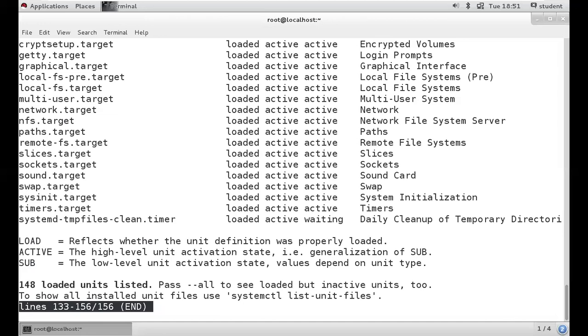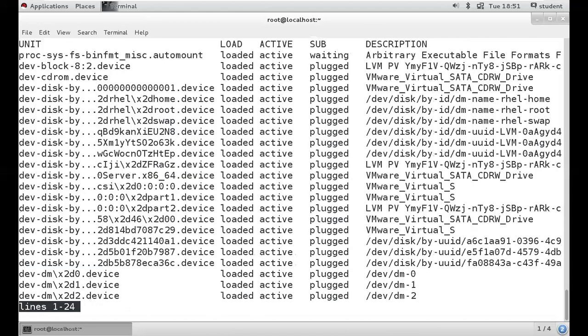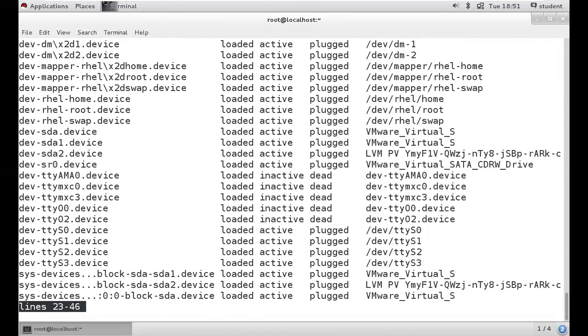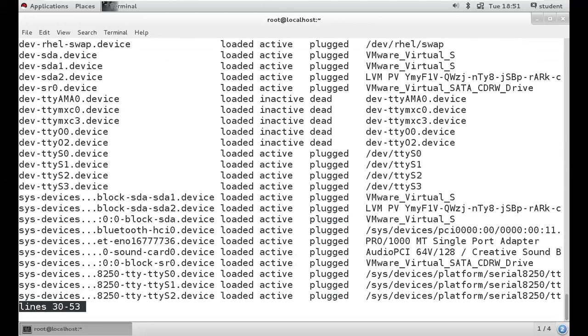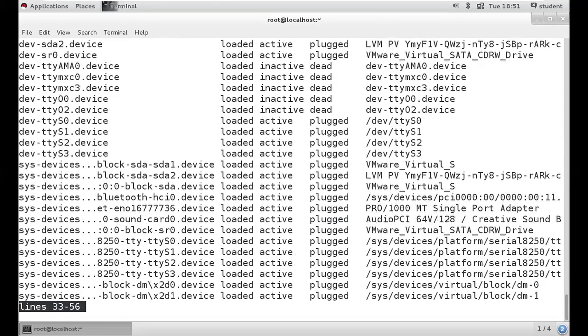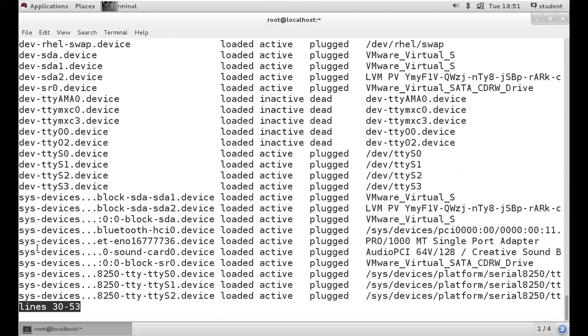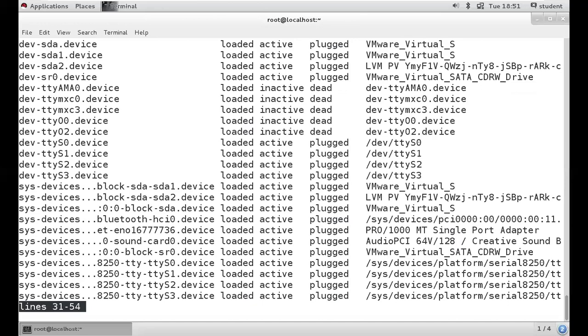If you need inactive ones, press Q to quit from this output, then we are back to the terminal. systemctl --all is a command. Then hit enter. You are going to get active and inactive both. Inactive means dead. So a few units, a few services are inactive, right?